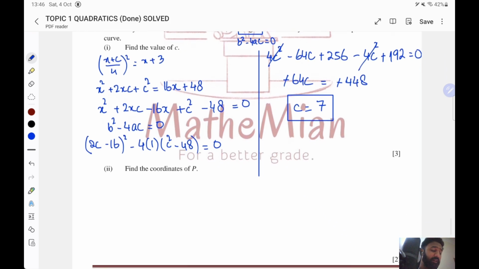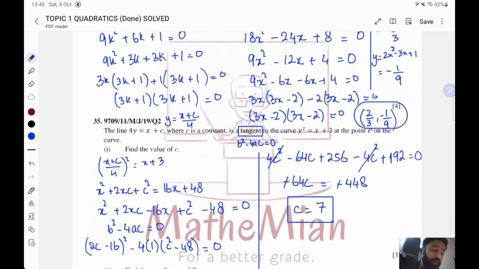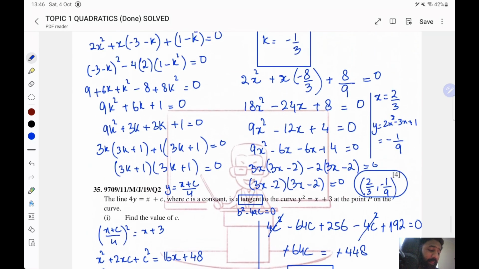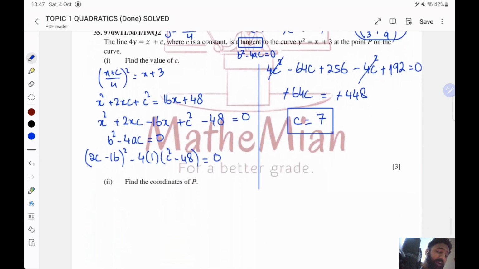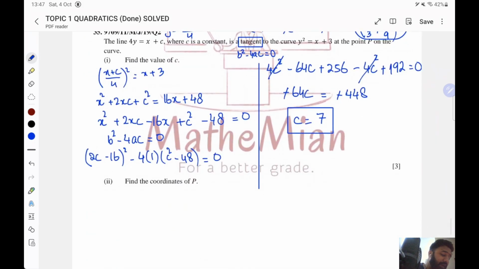The next part says find the coordinates of P. Now what is P? P is the point where the line and the curve meet each other, or you can say they are tangent to each other. So we already have the equation for intersection, which we found in the previous part: x square plus 2xc minus 16x plus c square minus 48 equal to 0.